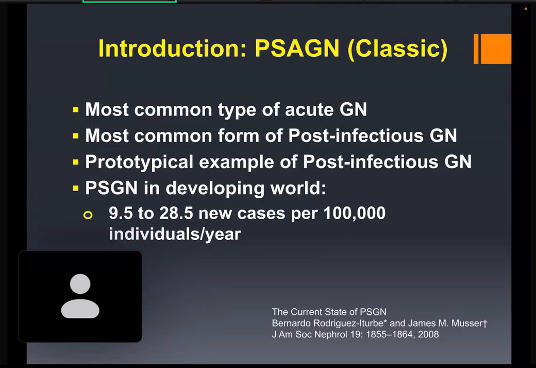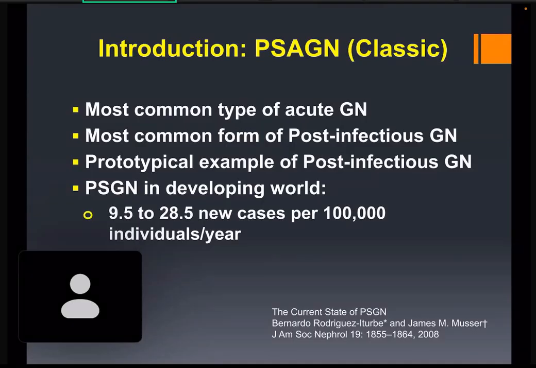This is also the most common form of post-infectious GN and the prototype of post-infectious GN, because there are other GN that are not due to the infection, like immune-mediated ones, or other infection-mediated ones like HIV or hepatitis. They can also cause GN.